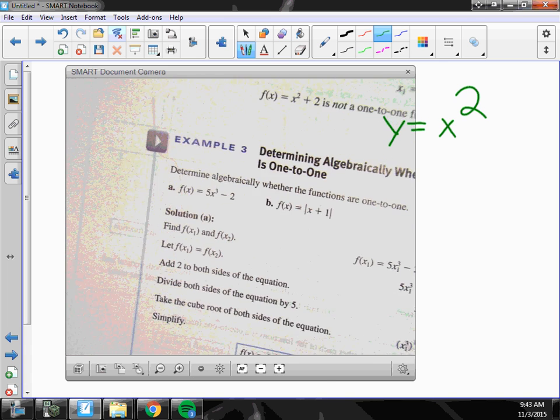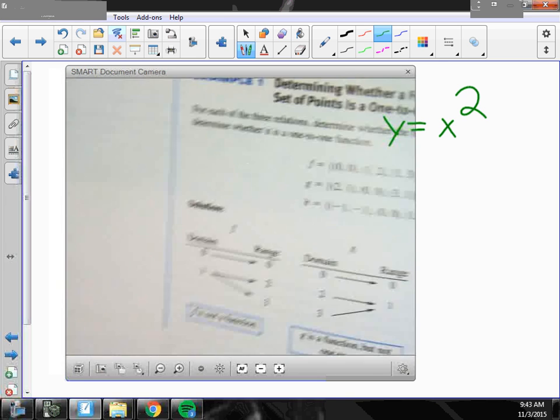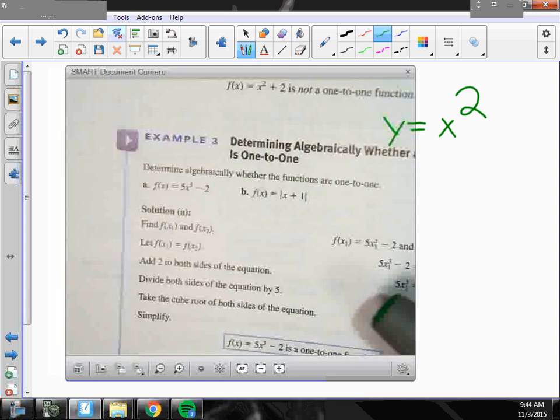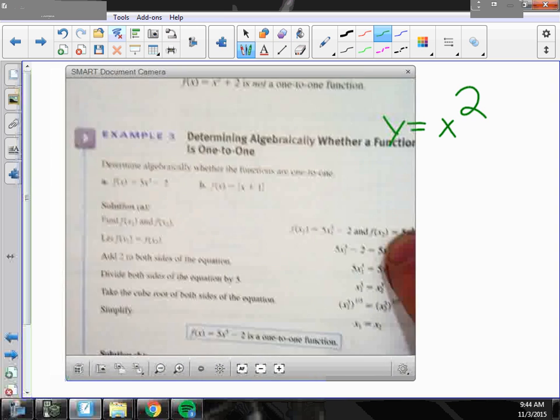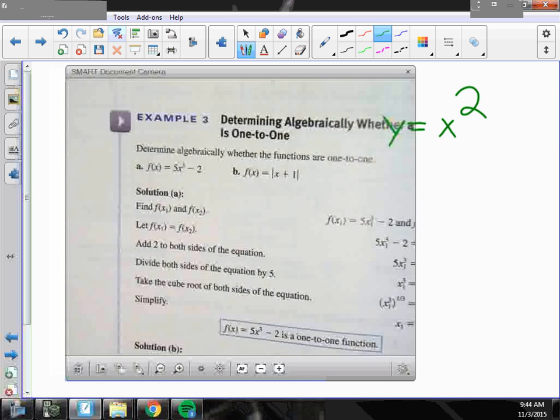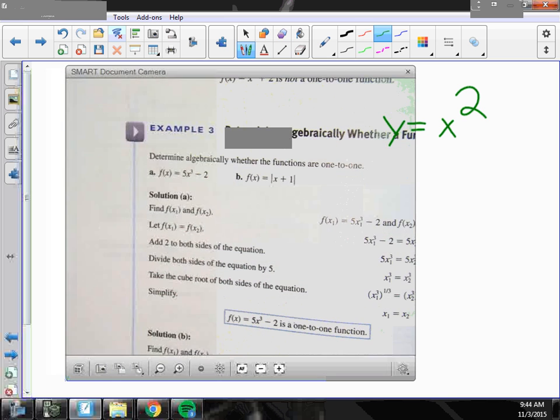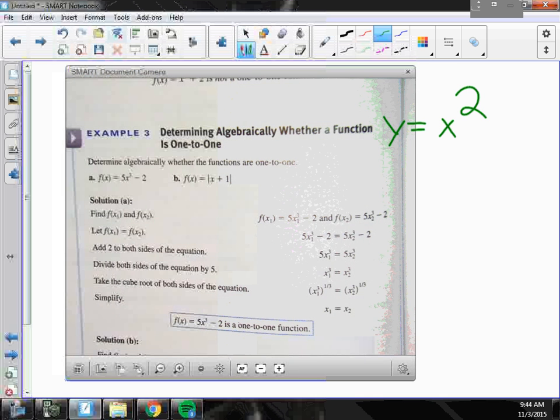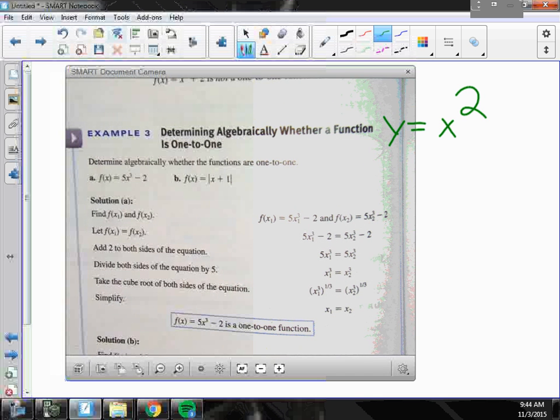Go to page 210. Example 3. Determining algebraically whether a function is 1-to-1. So determine algebraically whether the functions are 1-to-1.